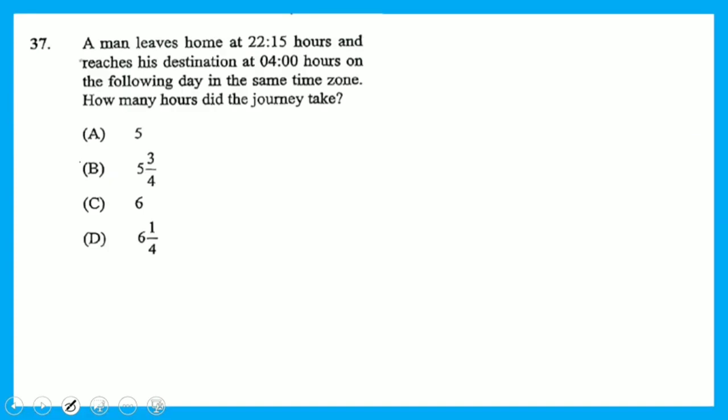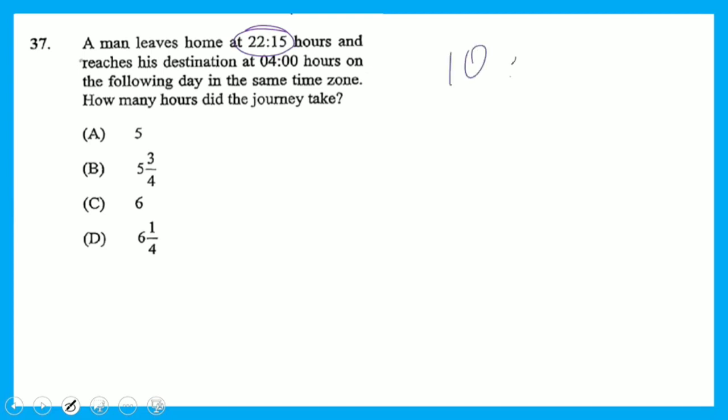Number 37, it says a man leaves home at 22:15 hours. You recognize the 24-hour clock, and reaches his destination at 400 hours in the following day, the same time zone. How many hours did the journey take? Now, this time here, what time would that be on the 24-hour clock?